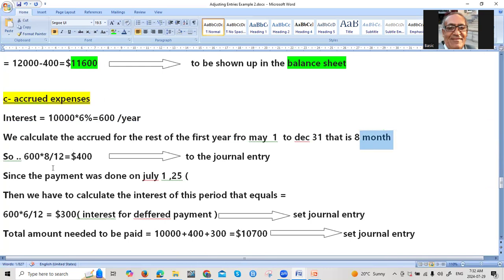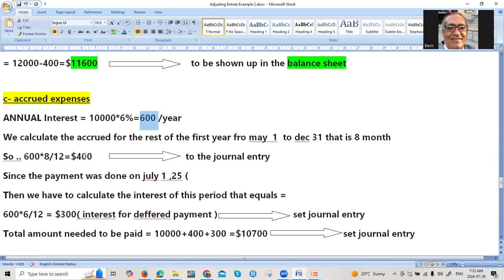Then here, I will say, if I pay 600 for the whole year, how did I know? Because the annual interest for each year is $10,000 multiplied by the 6% will give me $600 a year. Cool.